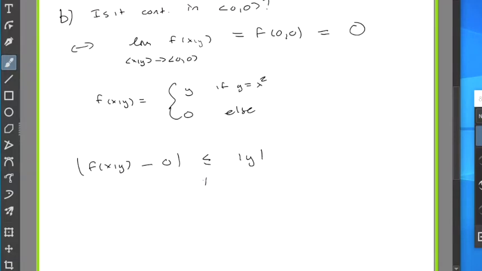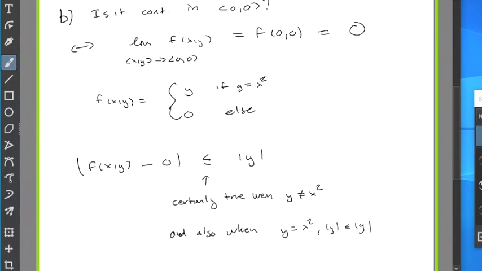So, I mean, this is certainly true when y is not equal to x squared, and also when y is equal to x squared. The absolute value of y is smaller than or equal to the absolute value of y. Okay, but the absolute value of y surely goes to 0 when (x,y) goes to 0.